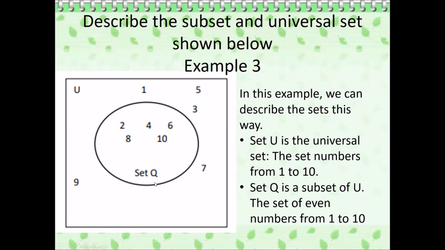And set Q is a subset of set U. All the elements in set Q are found in the universal set. So therefore, we can conclude that set Q is a subset of set U. Set Q is the set of even numbers from 1 to 10. Observe, 2, 4, 6, 8, 10. So these are examples of describing the subset and at the same time, the universal set.